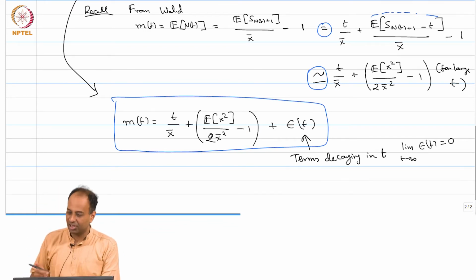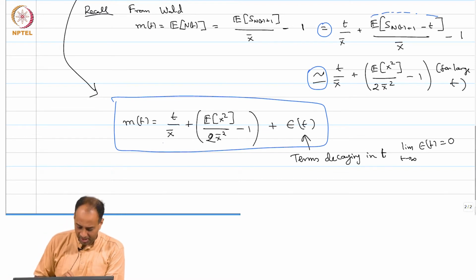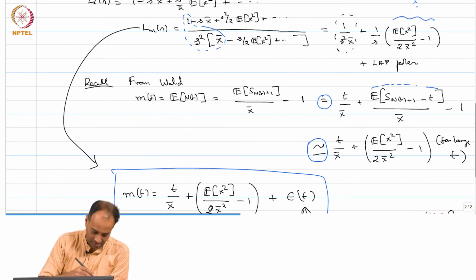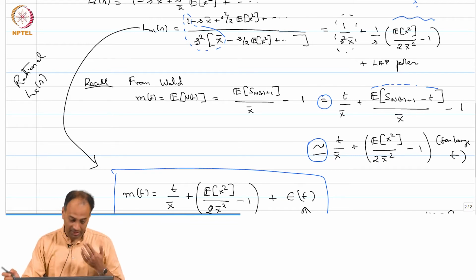But the transform of m of s is always valid, it is just that it will not be so easy for you to invert back and get this form, that is all. So, this whole analysis is only for rational transforms.